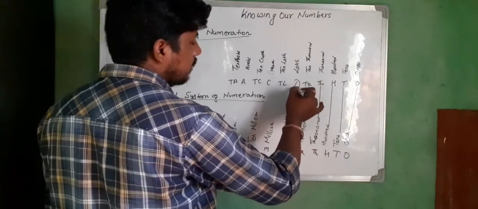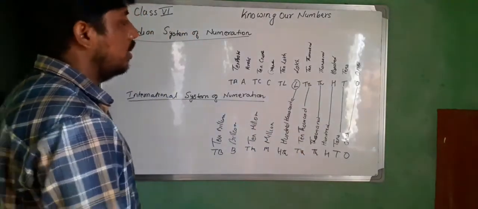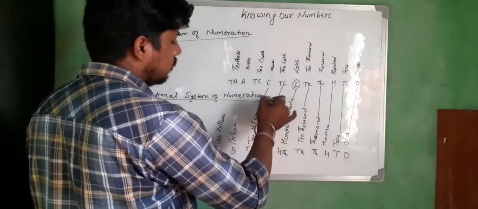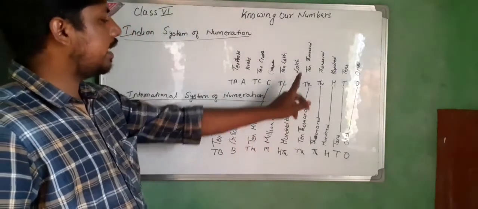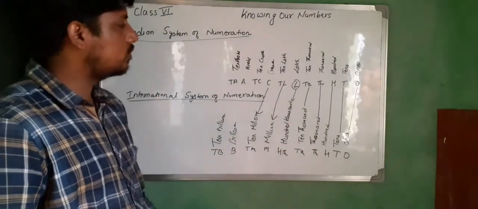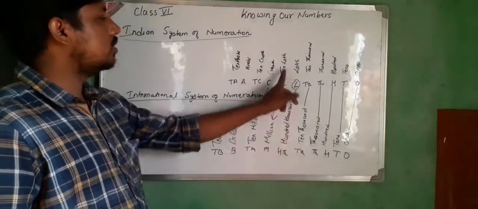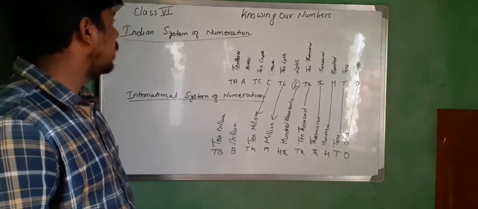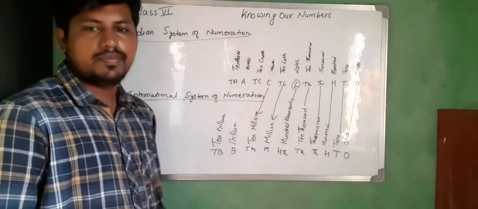But in the lakh place, what is there? 100,000. In the 10 lakh place, million. In the crore place, 10 million. So 1 lakh means 100,000, and 10 lakh means a million. This is how we can compare the Indian and international systems of numeration.